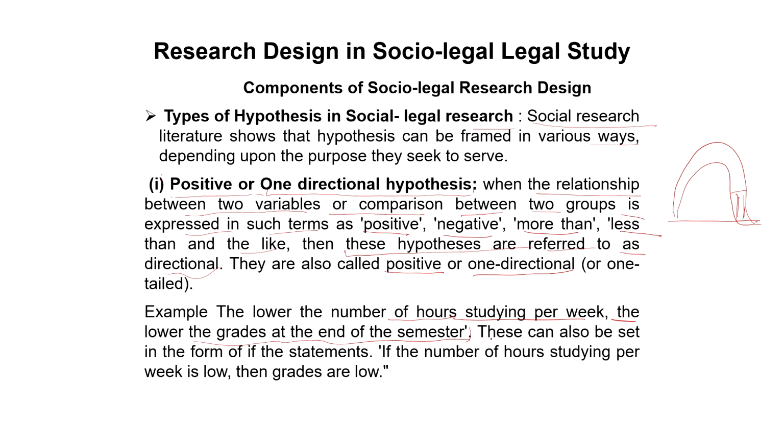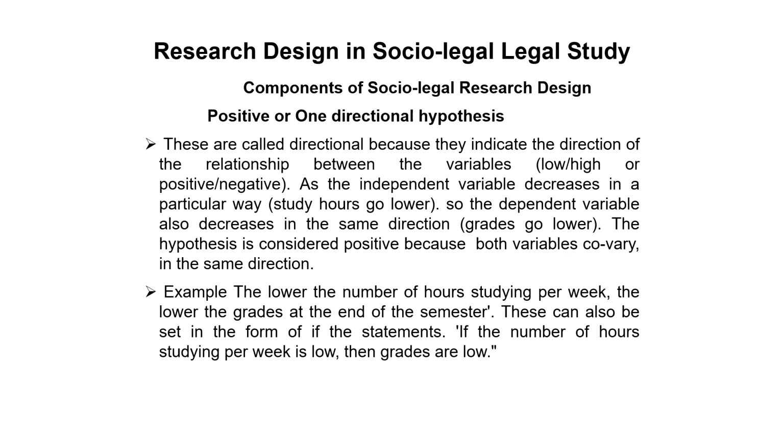Now, this can also be put in the form of: if the number of hours studying per week is low, the grade is also low. One directional hypothesis. See, the grades of the students depend on the number of hours he is studying.